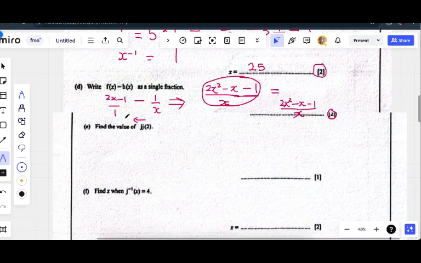So I'm going to put 5 to the power of x in this box. In this box, where x is supposed to be, I'm going to put another 5 to the power of x here. I'm going to substitute another j of x inside.